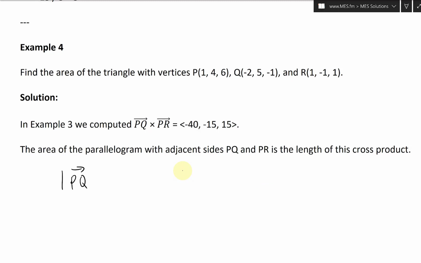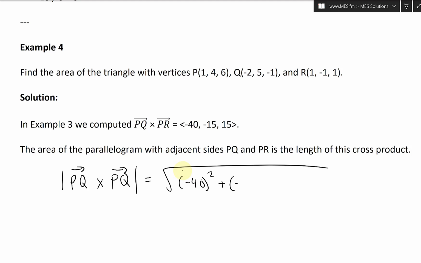So the length or absolute value of PQ cross PR is equal to the square root of negative 40 squared plus negative 15 squared plus 15 squared, like that. And if you plug this into the calculator, you're going to get 5 square root 82.